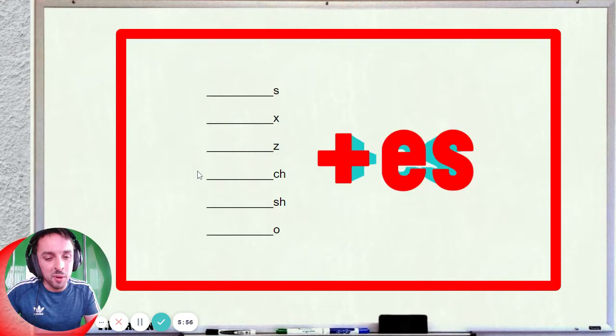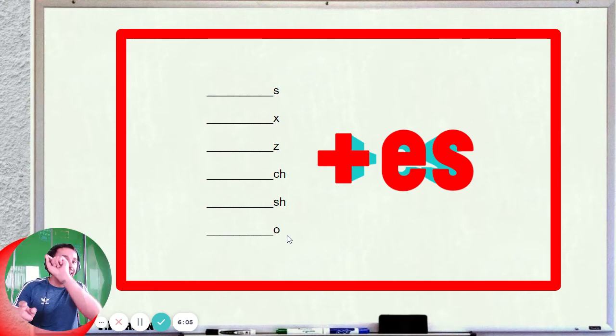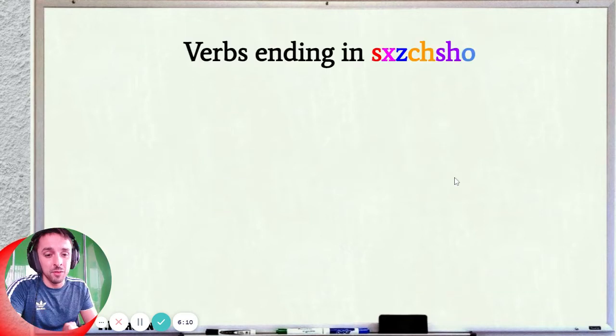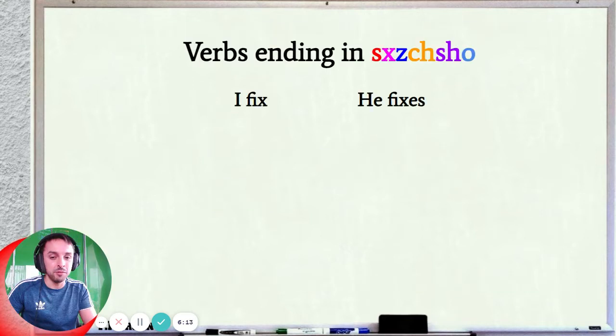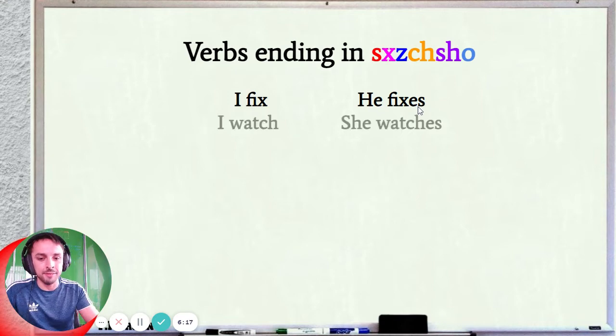And remember this, if the word ends in an S, an X, a Z, a CH, an SH, or an O, you don't add S, you add ES. For example, I fix, he fixes, with ES.